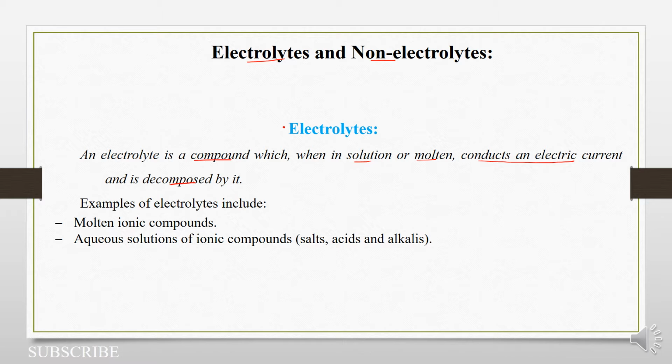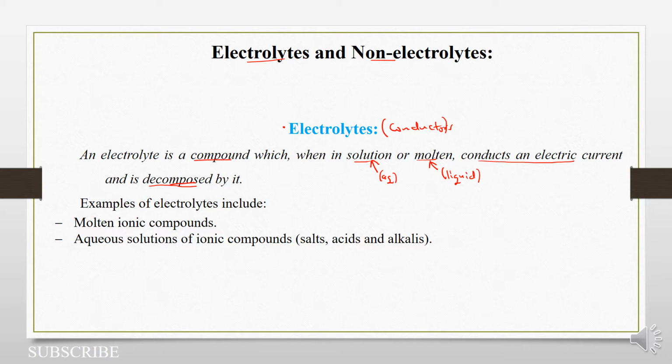Electrolytes will actually be conductors because they have to conduct electricity, but on two conditions. Either they are in solution form, that is to say aqueous, when dissolved in water, or they are in molten form, that is to say if we melt them and they are in liquid form but no water is present.